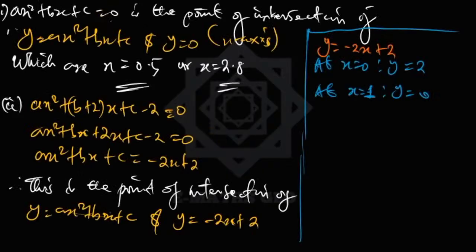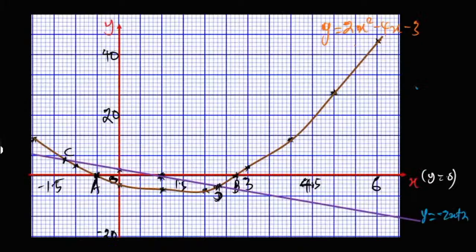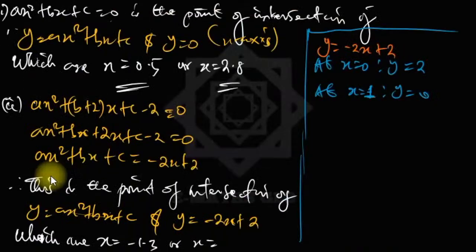So the solution is now x equals minus 1.3, or x equals, let's check this one, 5, 10, 15, 20, 21, 22, 23, so 2.3. So that's the solution.